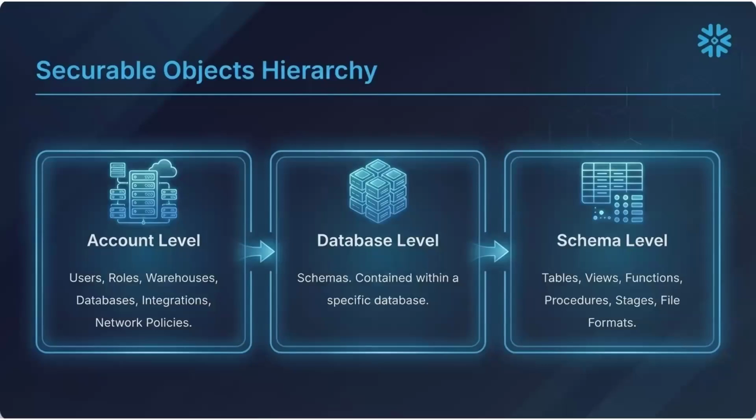And at database level, as I mentioned, schemas will be the main objects under every database, and you will have multiple schemas. Every new database by default will have information schema and public. These two schemas will be automatically created for every new database. And at schema level, we have multiple different securable objects like tables, views, functions, stored procedures, and we also have stages, file formats, pipes, streams, and tasks.